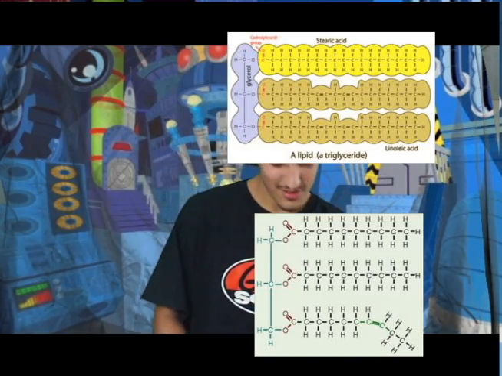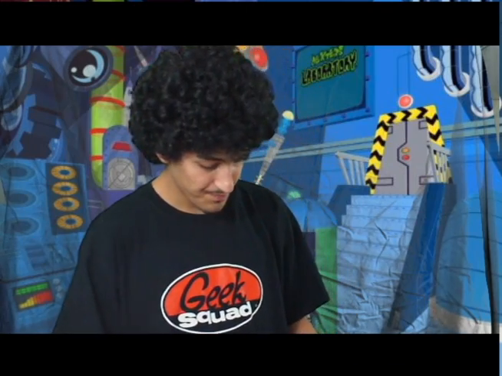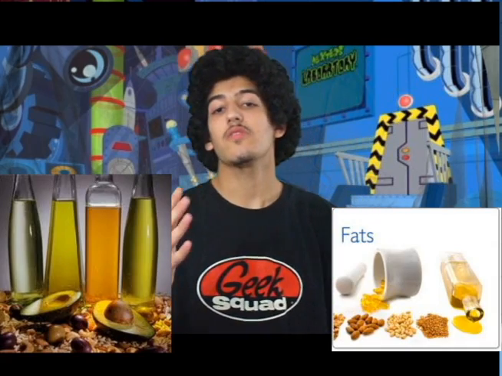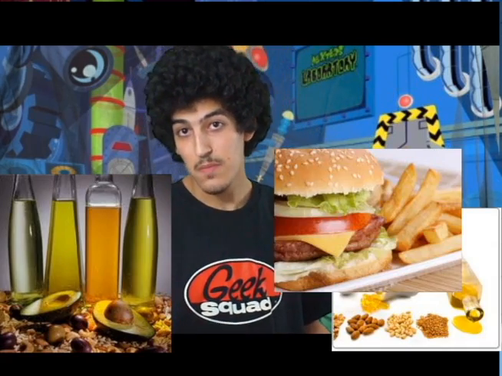Just like that. And it also helps form cell membranes on the outside of the cells. That's very useful. A couple of examples of lipids are, again, fats, oils, but they can also be found in things like meat and things like nuts.